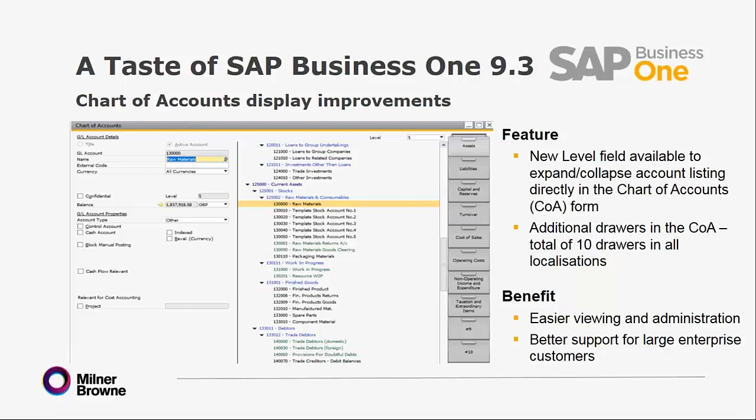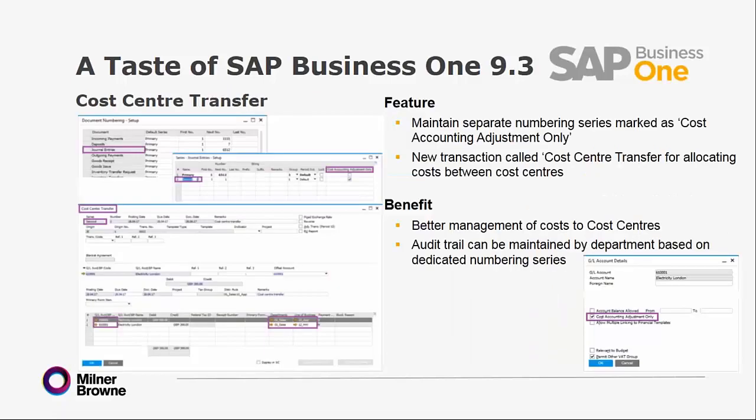So again, that allows you to force the entry of those fields so that you've got better auditability, more consistency. And you can also set up default remark templates against accounts, and again that just helps you to make sure that the data is added to the system more consistently.